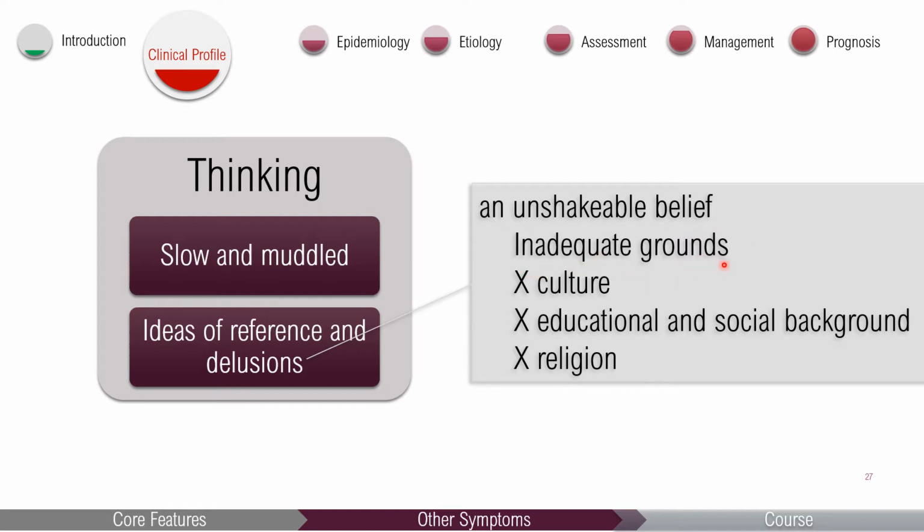So they do not have any valid explanation or evidence for their belief. And that's not a conventional belief that the person might be expected to hold given their educational, cultural, or religious background. So, someone who believes to be possessed by the supernatural is not deluded because it's a culturally common belief.